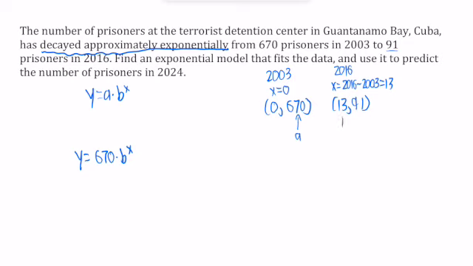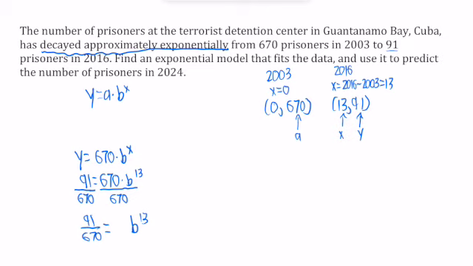And then we'll use our second point, plugging in 13 for x and 91 for y to figure out what b is. 91 equals 670 times b raised to the 13th. Now we divide both sides by 670. I like leaving it as a fraction for right now. 91 over 670 equals b to the 13th.